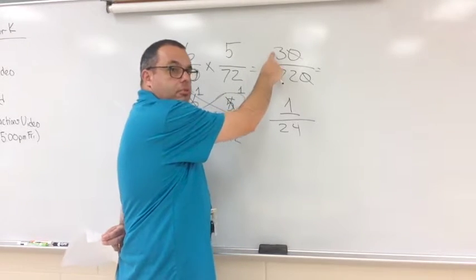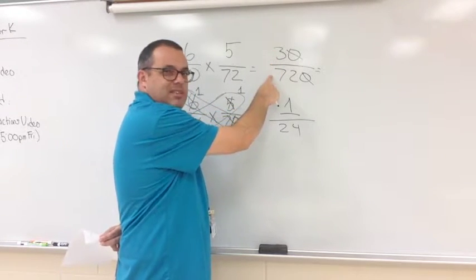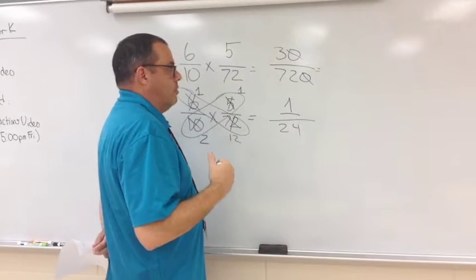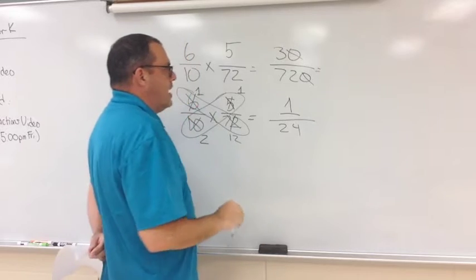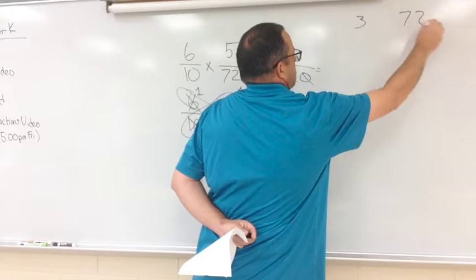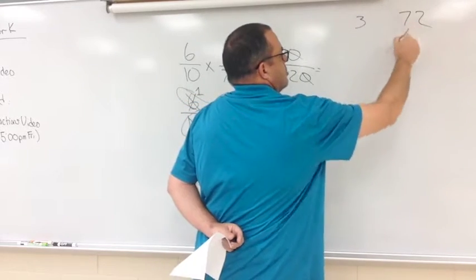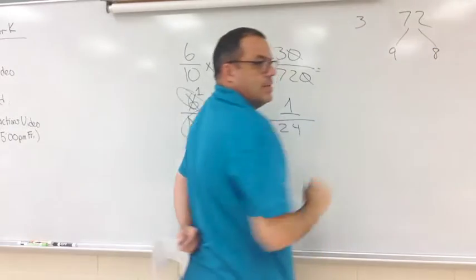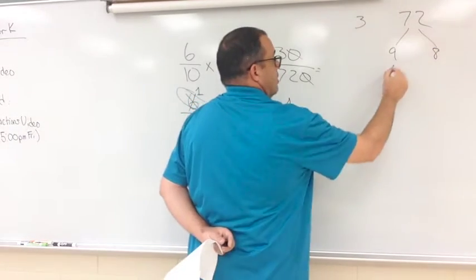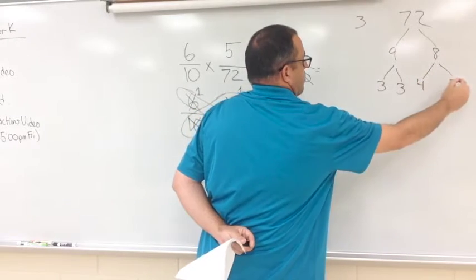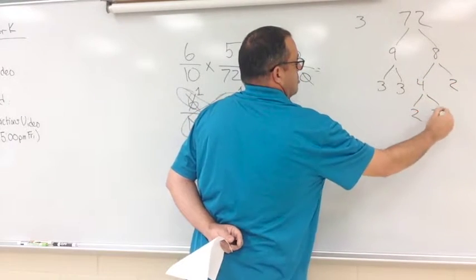Well, 3 goes into 3, and I know 3 goes into 72 just because I've worked with that number before. But for you, you might have to go ahead and factor these guys out. Well, 3 is a prime number, so I'll go 72 is 9 and 8 because it's one of my basic facts. That's 3 and 3, and then that's 4 and 2, and 2 and 2.